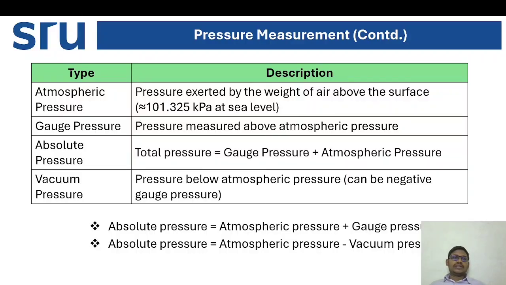So, pressure type and description. Atmospheric pressure is the pressure exerted by the weight of air above the surface, that is 101.325 kilopascals at sea level. And gauge pressure is nothing but pressure measured above atmospheric pressure.